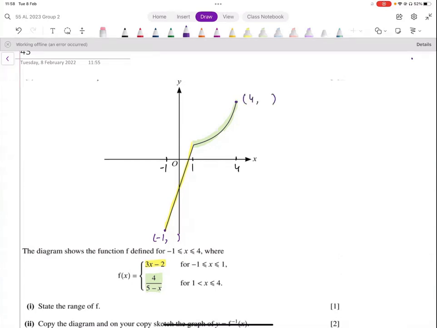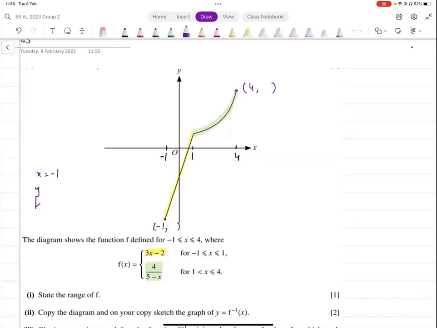What's the y coordinate? अब देखें नीचे वाले पॉइंट के अंदर स्ट्रेट लाइन वैलिड है. तो यहाँ पे जो -1 x की वैल्यू है, वो हम स्ट्रेट लाइन में इनपुट करेंगे. So we do that here. We say 3 into -1 minus 2. x की वैल्यू अगर -1 इनपुट करें, what value of the function do we get?